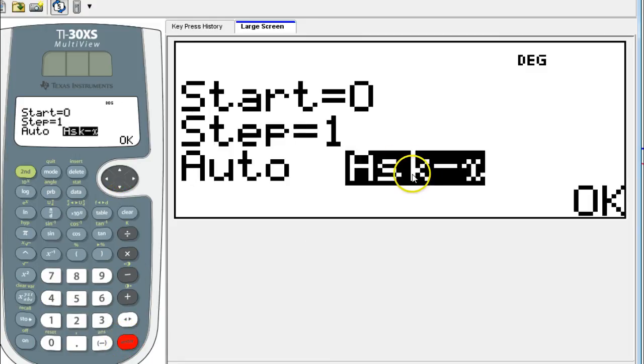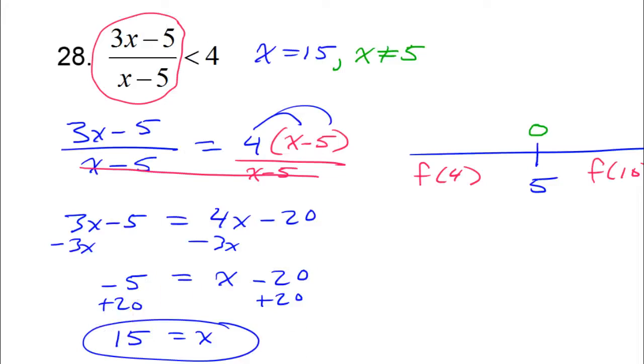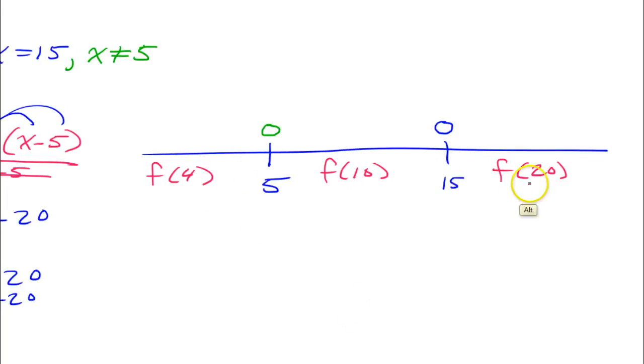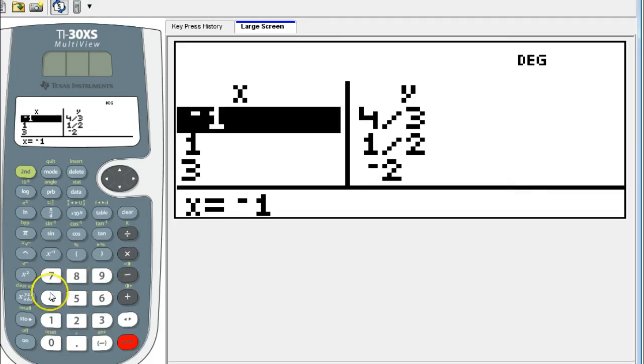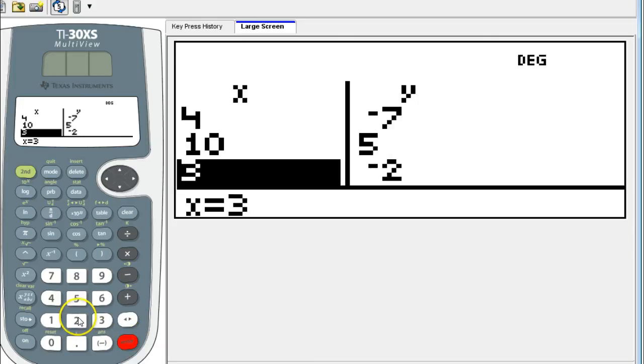Make sure your calculator is in Ask X mode. So I'm evaluating at 4, 10, and 20. Alright, so it's negative 7, 5, and 11/3.